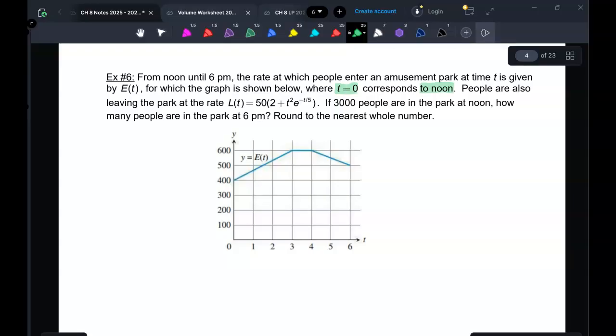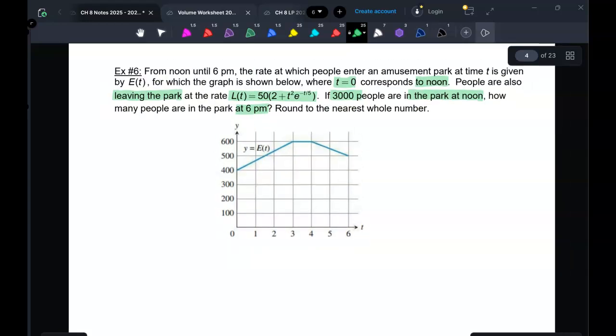People are also leaving the park at this rate. If 3,000 people are in the park at noon, how many are in the park at 6 p.m.? We're going to round to the nearest whole number.